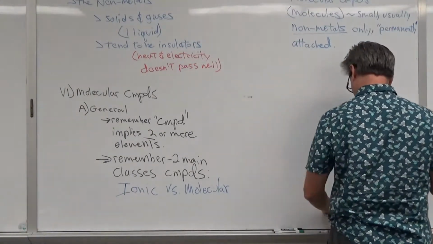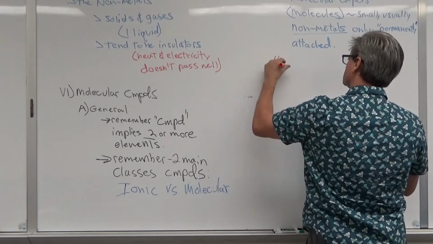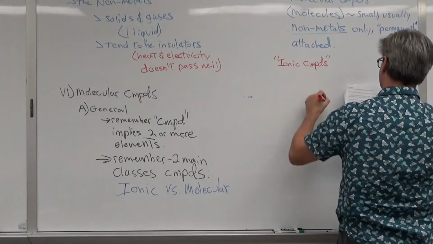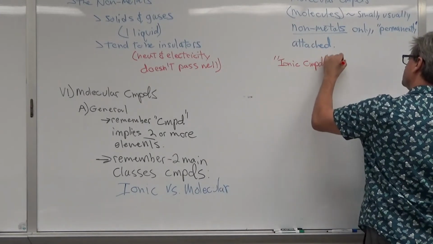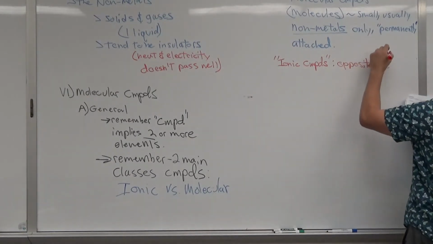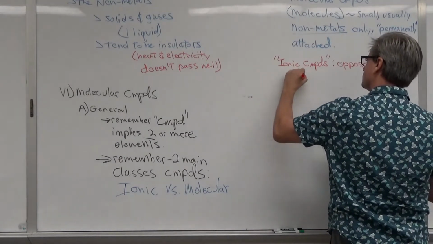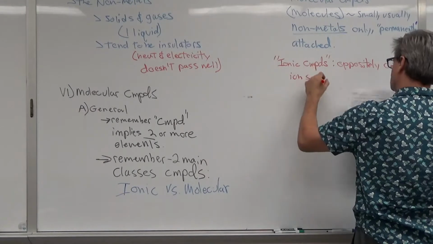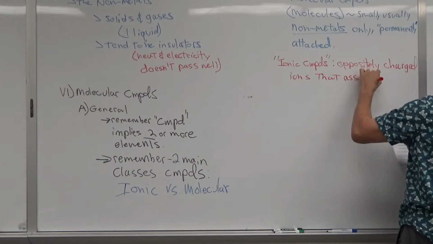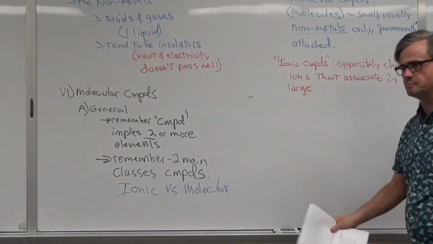And then you have ionic compounds. Oppositely charged ions that associate in a large group, and by large I mean billions and trillions and zillions.